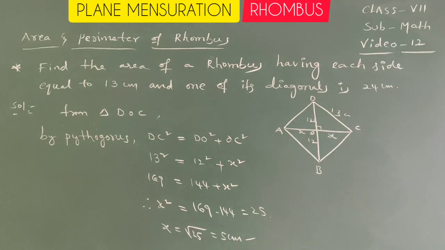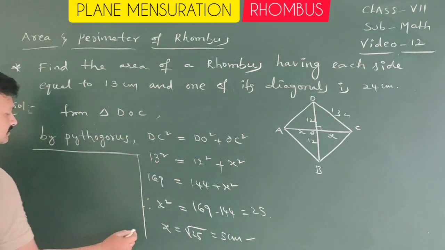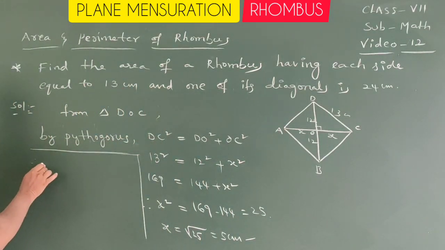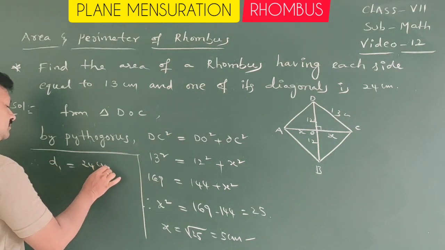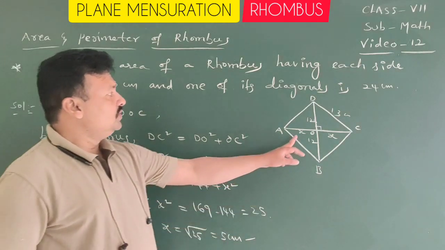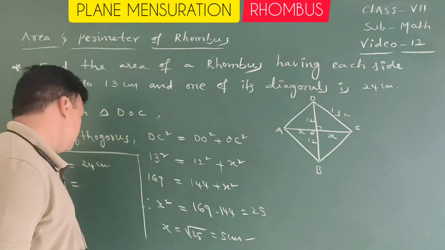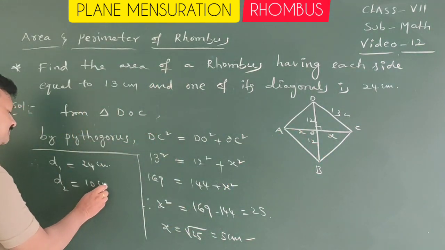For the given rhombus, d1 equal to 24 centimeters, they gave. d2 equal to 2x actually. x we have 5, so 5 plus 5, 10 centimeters.